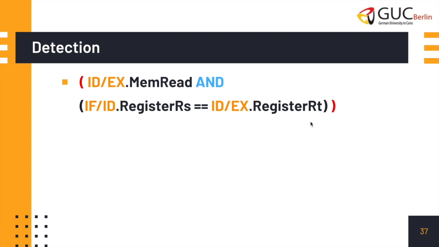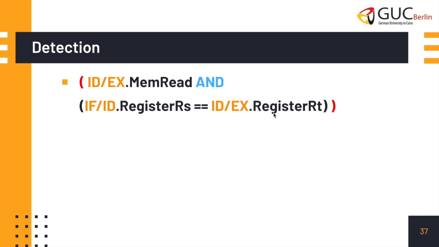And as I told you, the load instruction is an I-type instruction, so the destination of the load instruction will be register RT. Okay, that's why I'm comparing whether RS is equal to RT or not. T1, which is RS of the addition instruction, is equal to T1, which is RT of the load instruction.